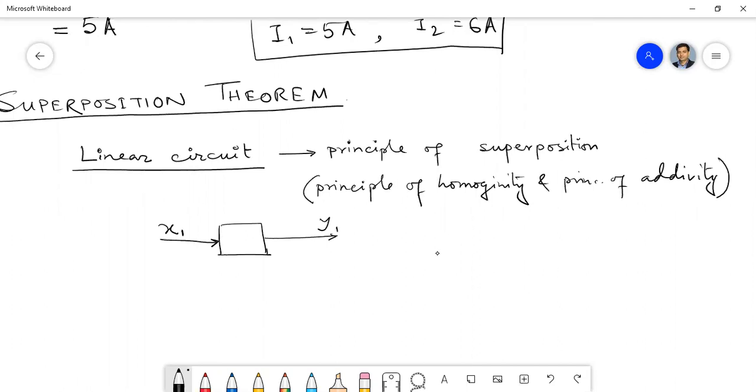Now this y1 should be a linear function of x1. That means what? What should be y1? How we can write it? Some m into x1.